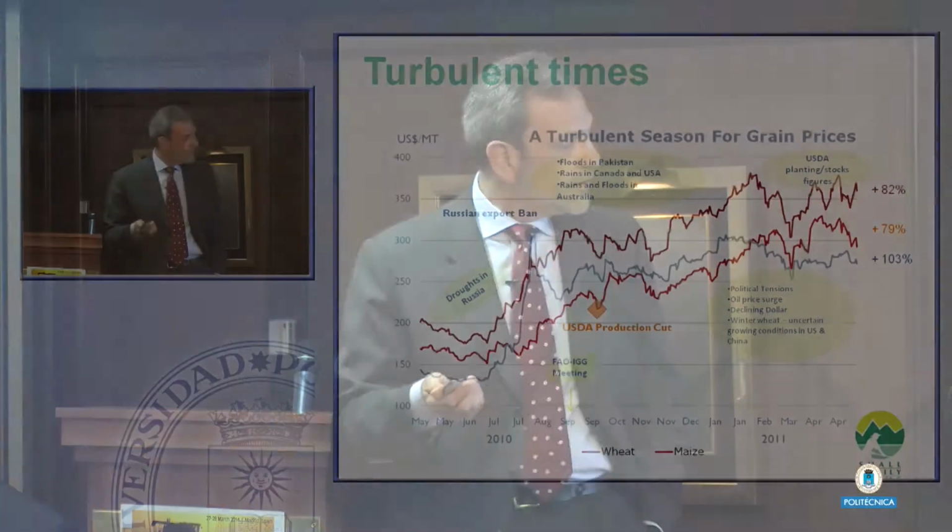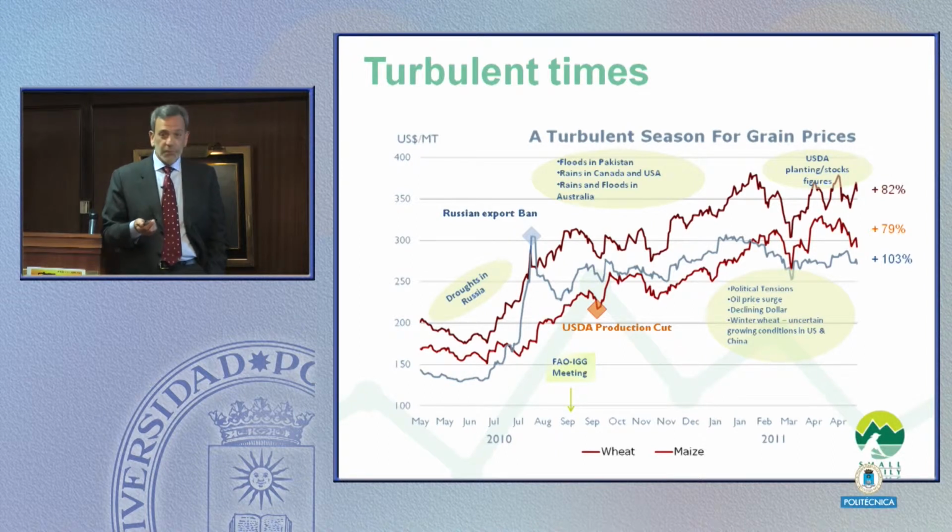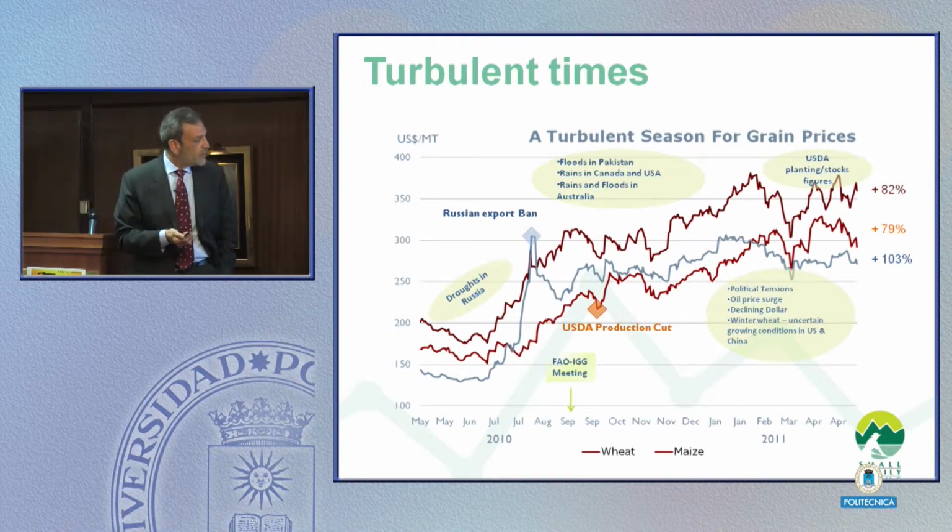This is a very nice graph that was prepared by my colleagues in the commodity unit of FAO. It starts in May 2010, ends in May 2011. It's the prices of wheat, maize, and oilseeds, and tells you the complexity of the markets. We start in June with droughts in Russia. Prices go up. Then we have the Russian export ban. Prices shoot up.